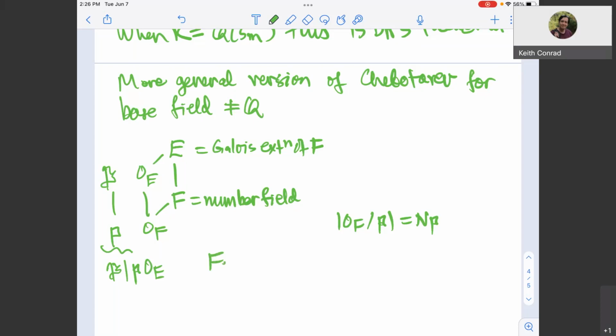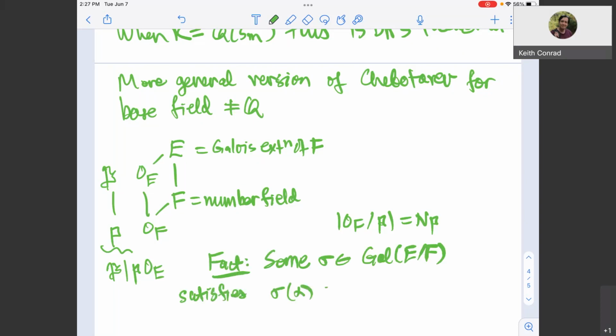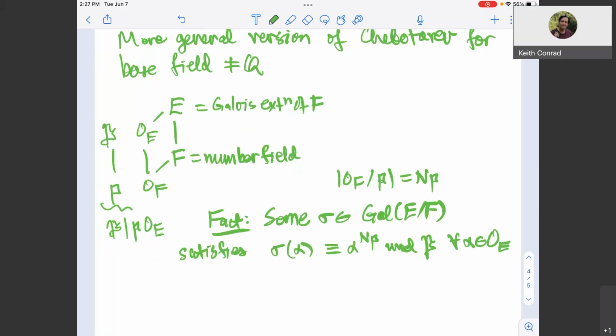And so the fact is that some element sigma in the Galois group of the number fields satisfies the condition that it's going to look like the norm of little p power map for all elements upstairs. This is the exact analog of looking like the little p power map when the base field was the rational numbers. And moreover, this sigma is unique for all but finitely many primes upstairs.